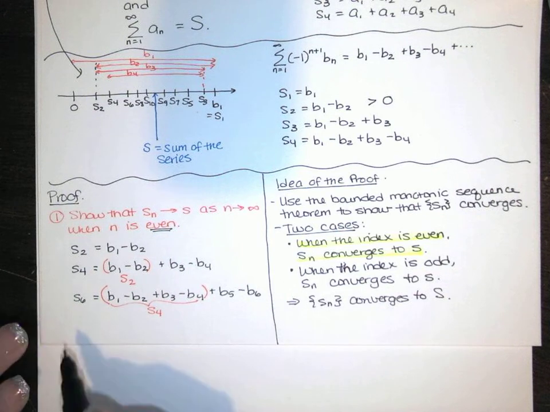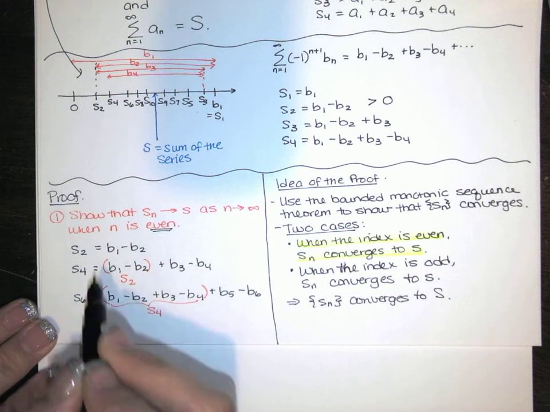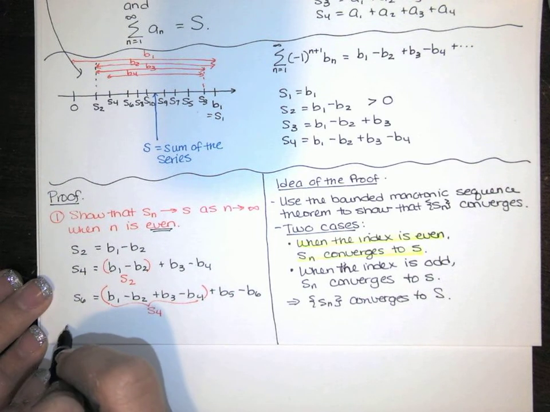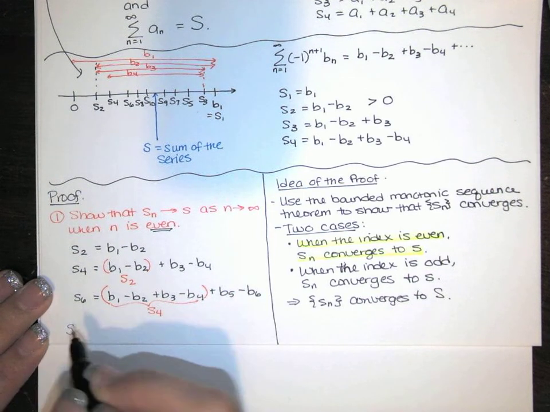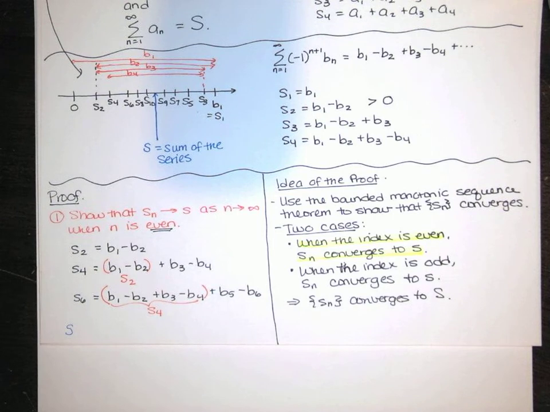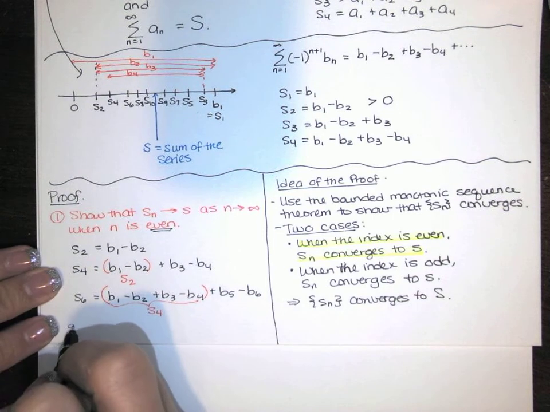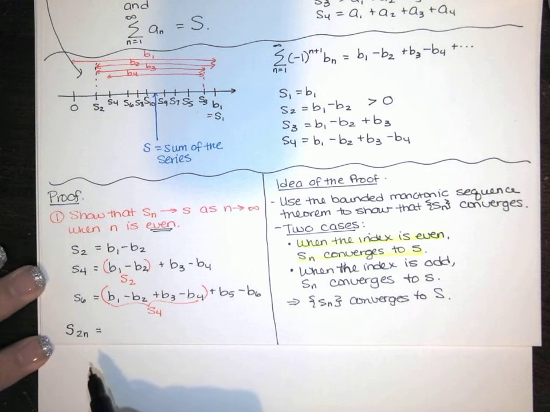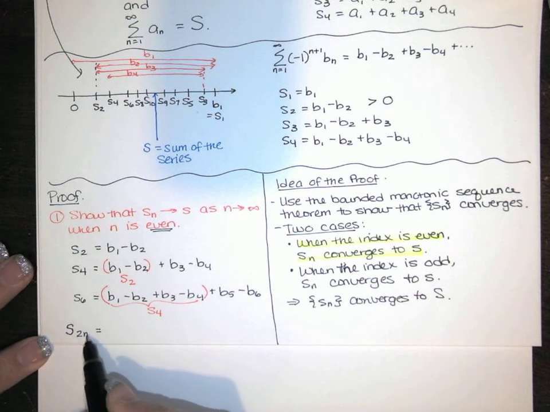I don't want to keep saying S sub n when n is even, so I'm going to use slightly different notation. I'm going to call this S sub 2n, and I'll tell you why. If n is an integer and I double it, now it's even.